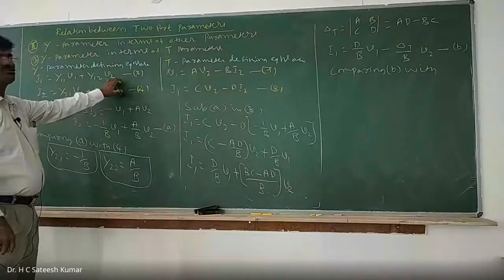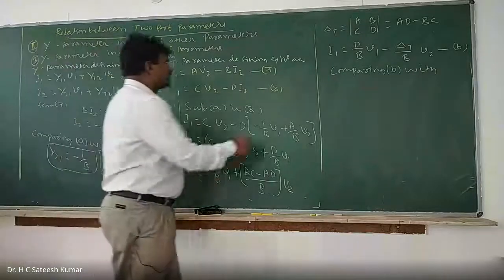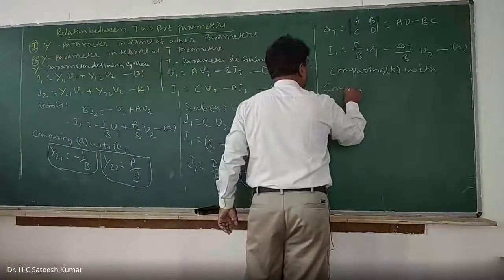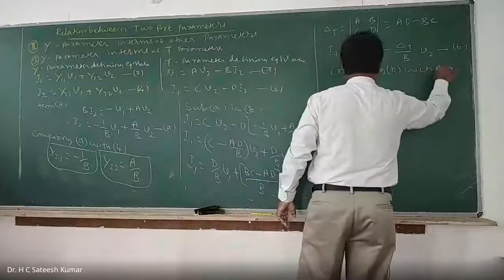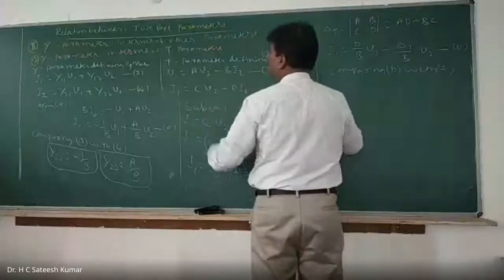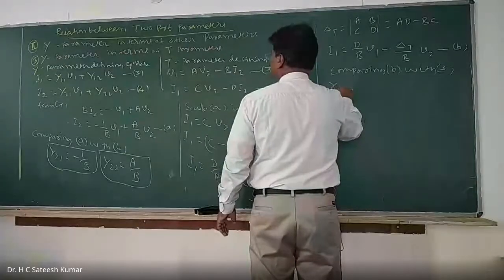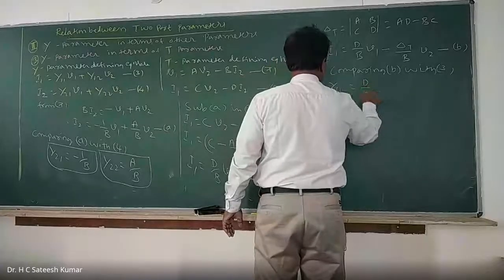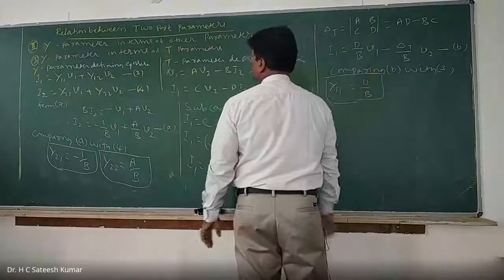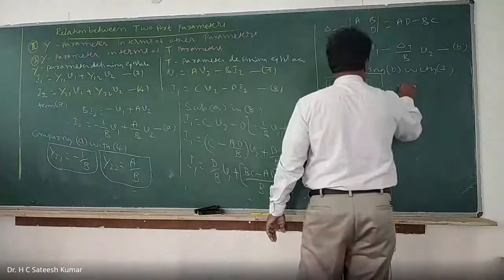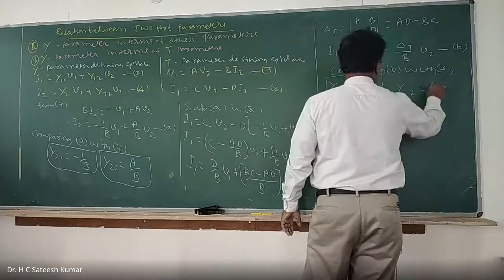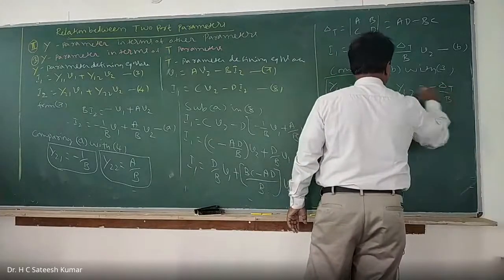The left out is 3. Comparing B with 3. I1 is on the left hand side. Therefore, Y11 is equal to D by B, and Y12 is equal to minus delta T divided by B.